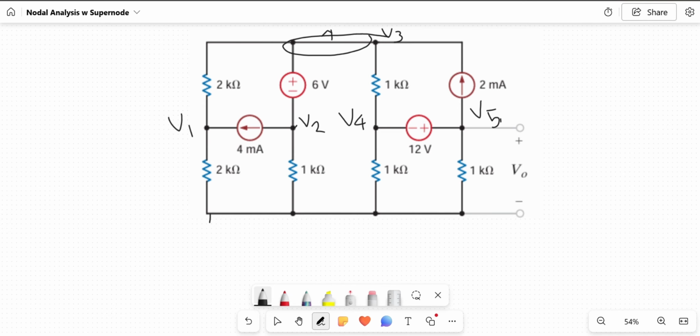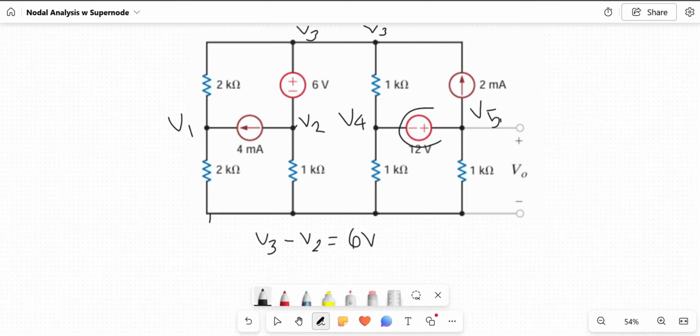Looking at the 6 volts, positive minus negative, V3 minus V2 equals 6 volts.